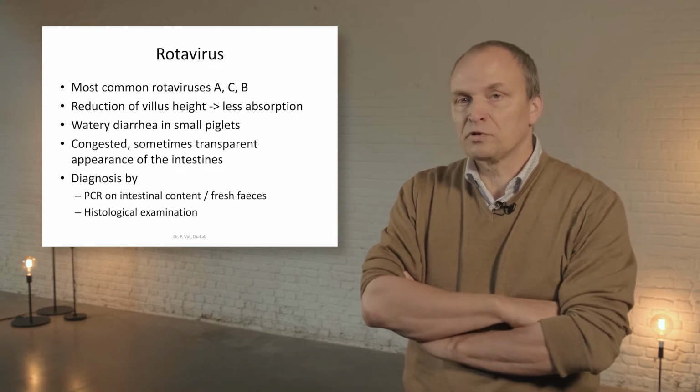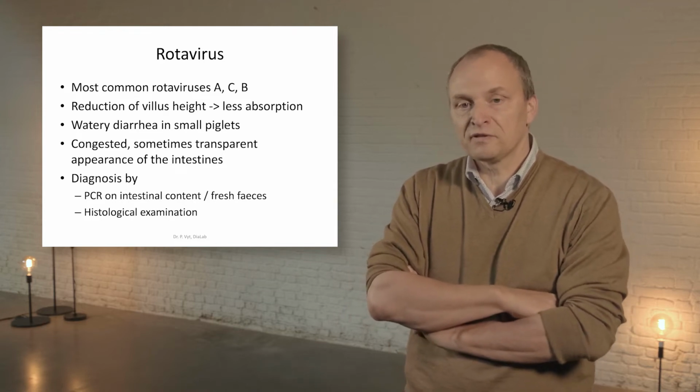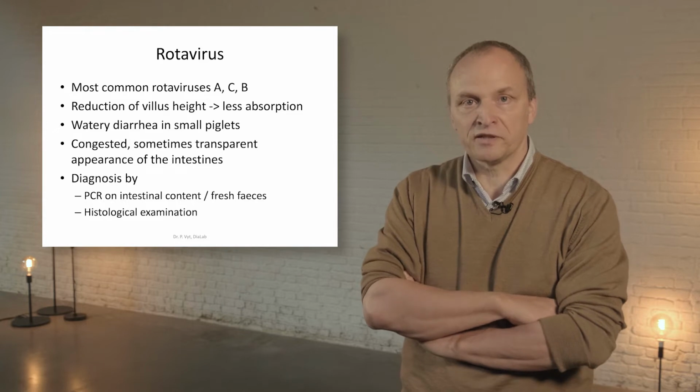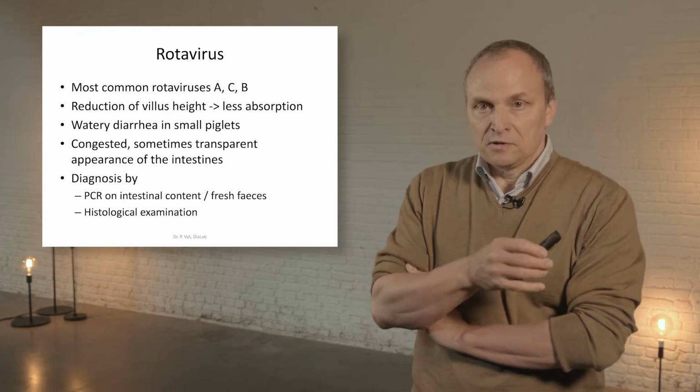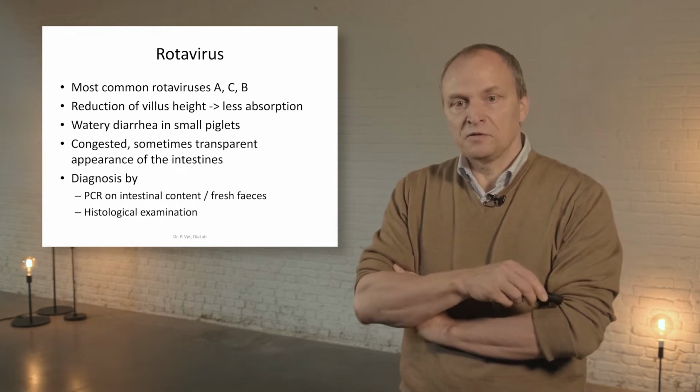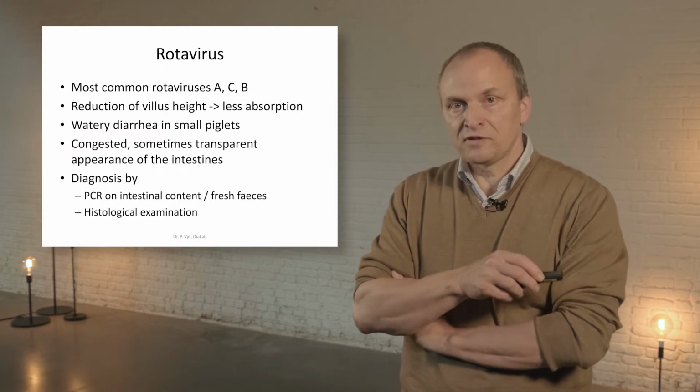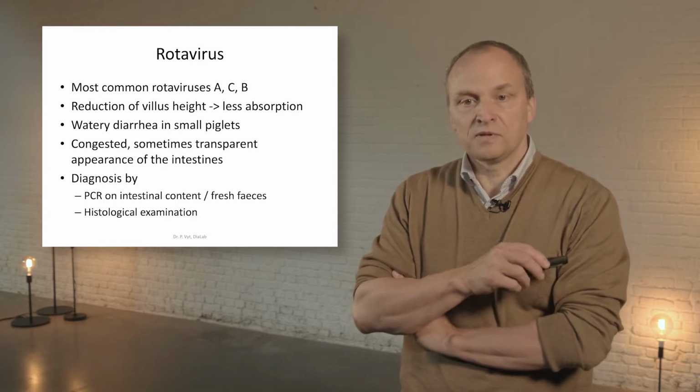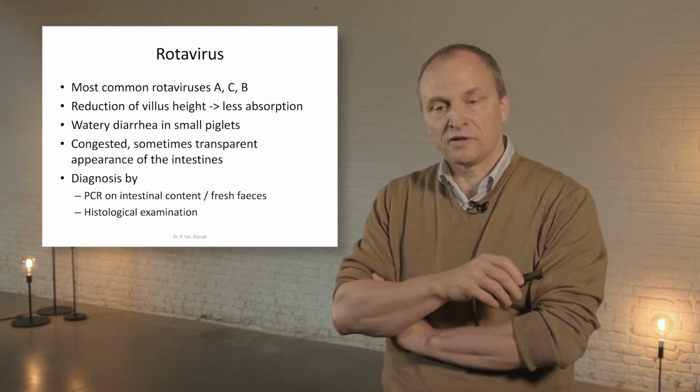The most important virus, and the most prevalent virus in pigs, is the rotavirus. Especially in young piglets in maternity, we see 3 different types of rotavirus. A and C are very common.